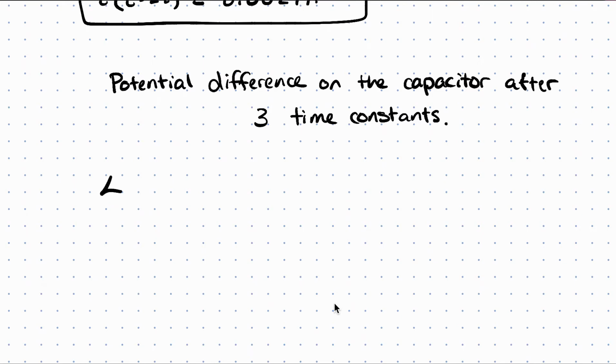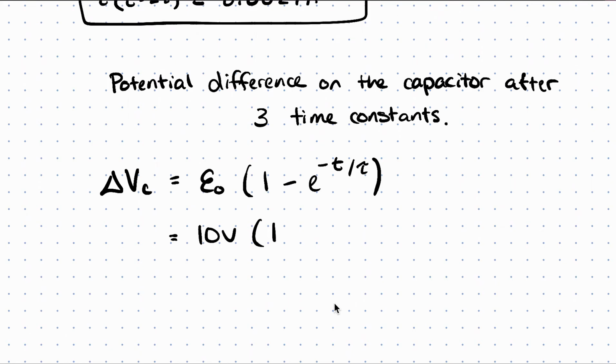All right, so the potential that is required to cross our capacitor is our original voltage being supplied by the battery times another exponential term. So this is going to be 10 volts times 1 minus e to the negative 3 tau over tau, where tau is RC, our time constant.